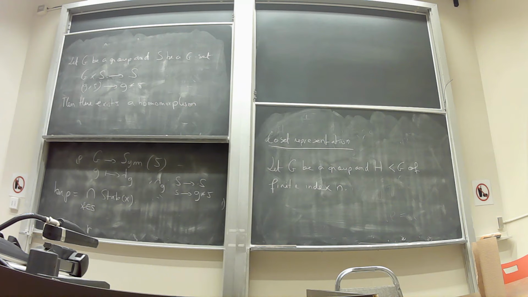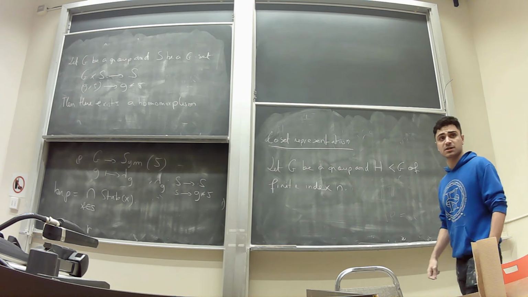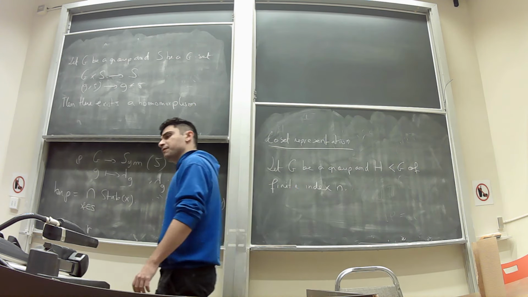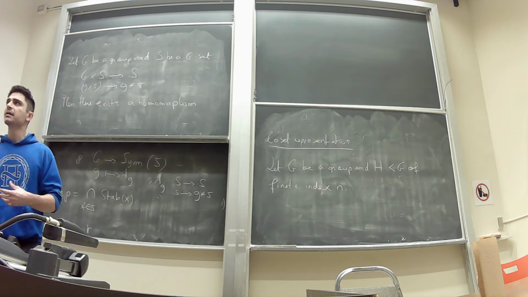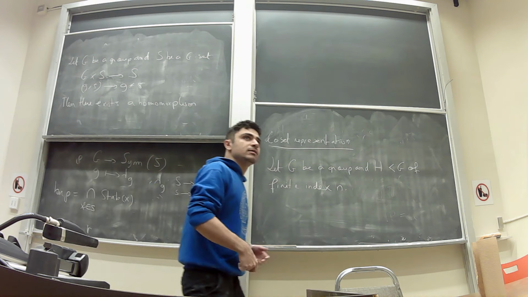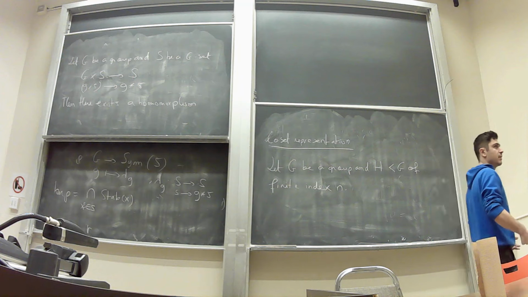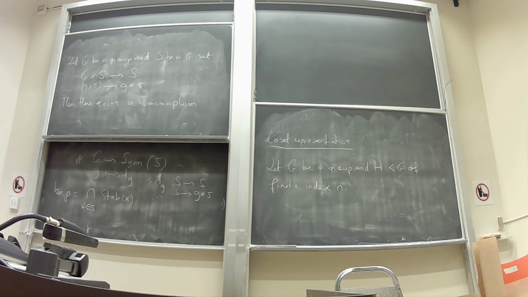So I have a group, not necessarily finite, but I have a subgroup of finite index, think of Z and nZ, basically. Z is infinite, but nZ in Z has finite index n.